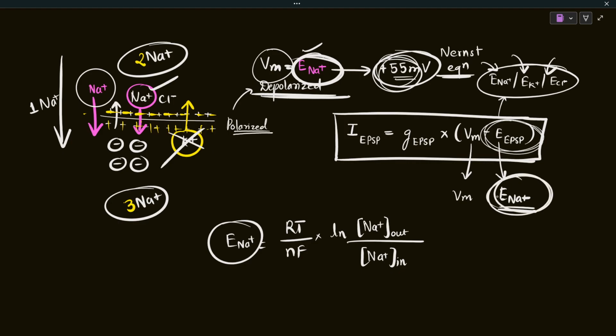Once the membrane potential gets equal to ENa, at that point the ion current should not be generated, because mathematically this value gets to 0. If this is 0, then the current generation will be 0. So the potential at which net ionic current is 0 is referred to as the reversal potential for that current.